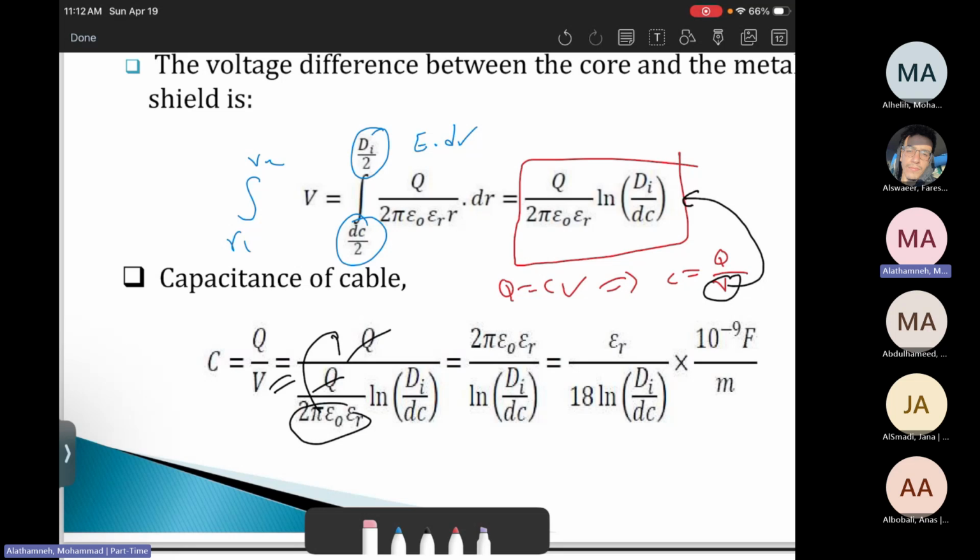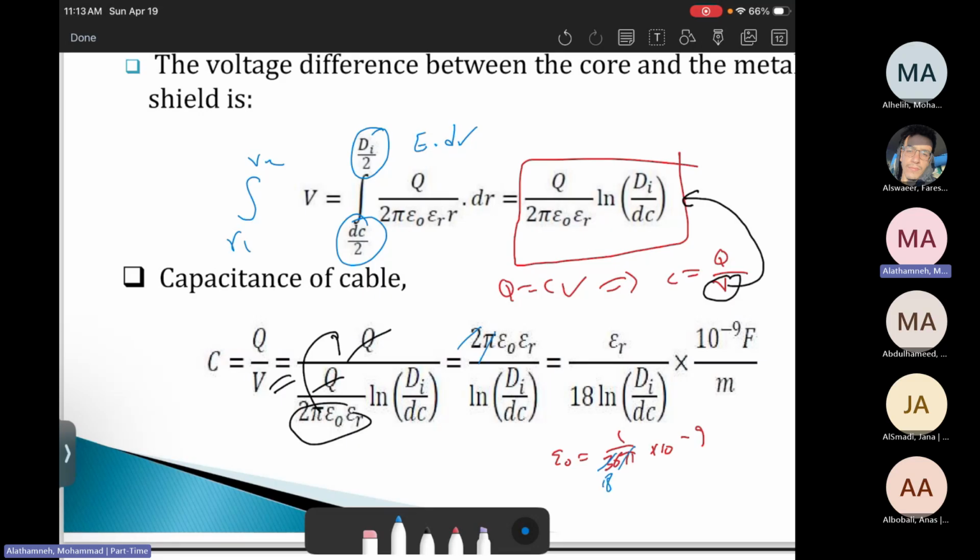Then we can just substitute epsilon naught as 1 over 4 pi times 10 power negative 9, I believe 1 over 36 pi times 10 power negative 9. Then 36 divided by 2 seems to be 18.